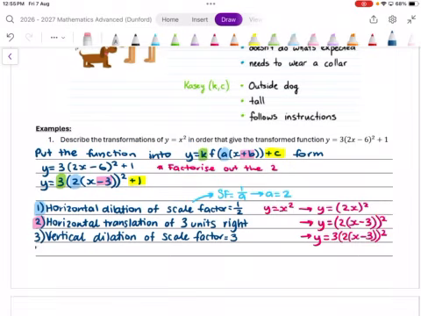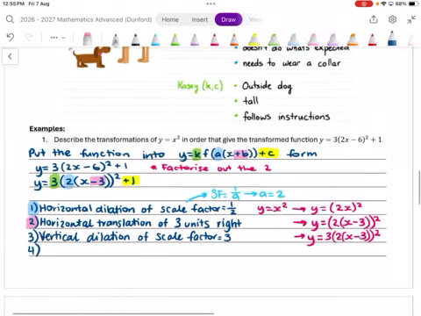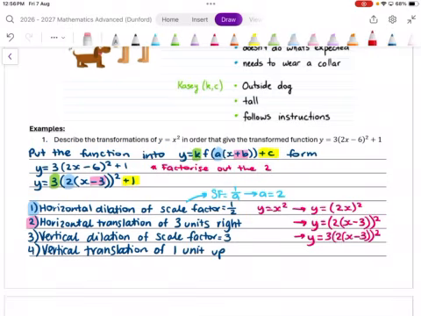Okay, and then our last one is our vertical translation. We're doing 1 unit up because we have a plus 1. Because we have y equals 3, lots of 2, lots of x minus 3, all squared plus 1.